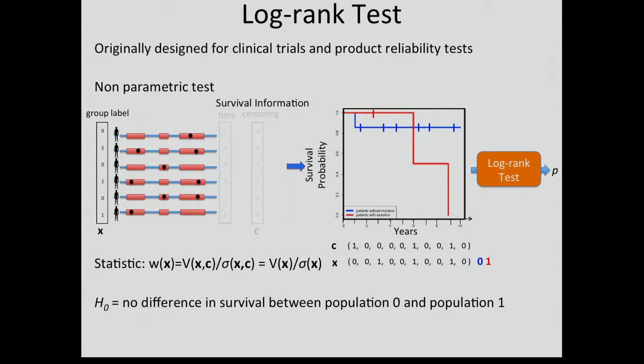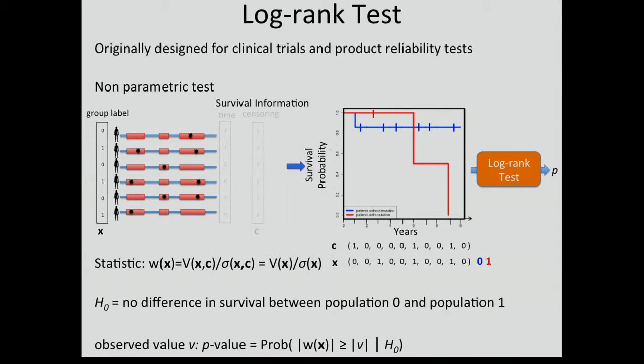The log-rank test, to not go into any more details, gives us a way to compute the probability of observing a value for the statistic at least as extreme as the one that we have in the data under the null hypothesis of no difference in survival between the two populations. The smaller this probability is, the more unlikely it is that the difference in survival that we observe for the two populations is explained by random effects.